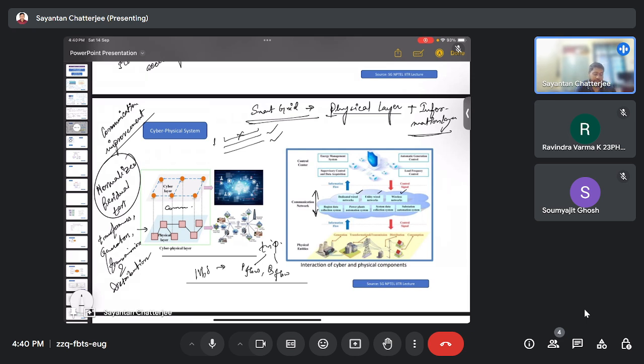Okay, so if the attackers need to design the attack vectors, these are mostly in the research phase now, the attack vector design. So if the attacker can design the attack vector in some way or the other, so that they can evade these tests, then the data can get manipulated.